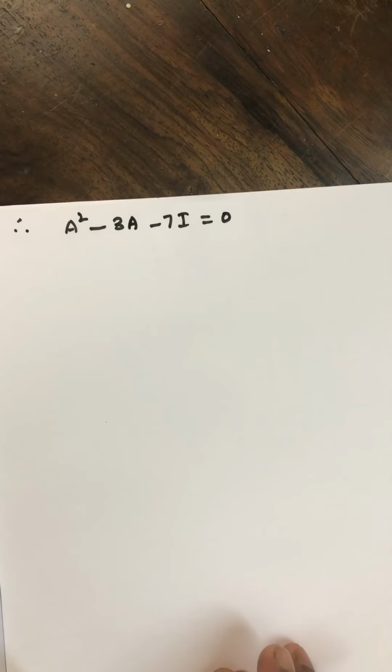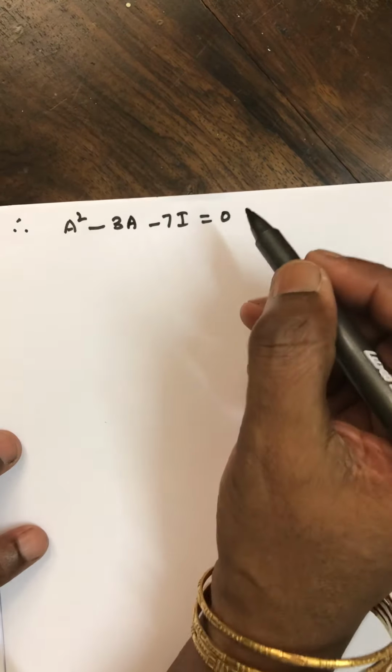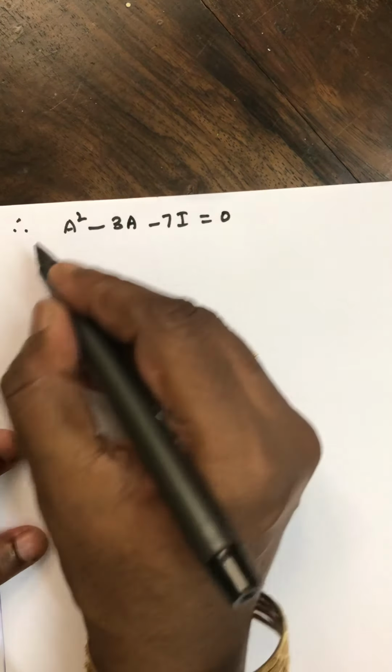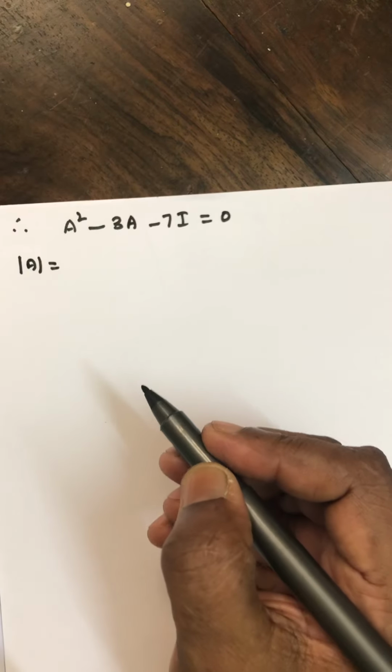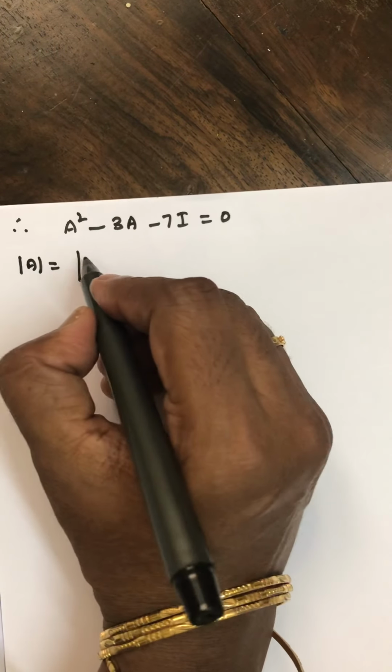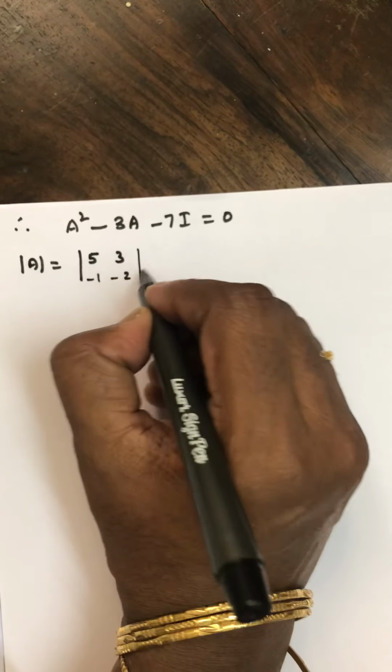Okay. Here the question is find A, hence find A inverse. So from this equation we are going to find out A inverse. A inverse can exist only if determinant of A not equal to 0. So let us find the value of determinant of A. A matrix is 5, 3, minus 1, minus 2.